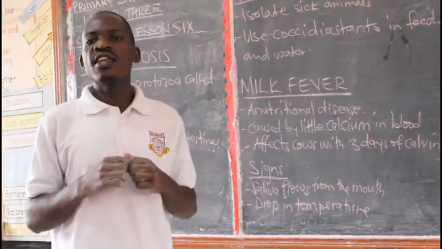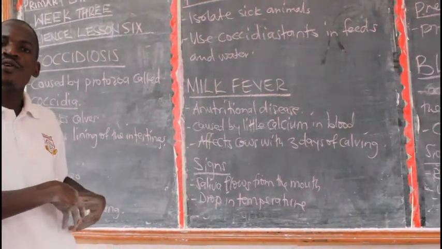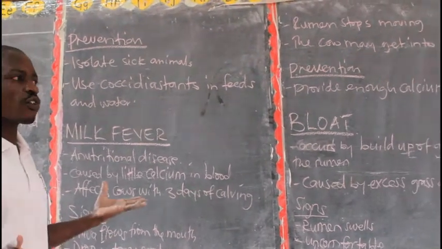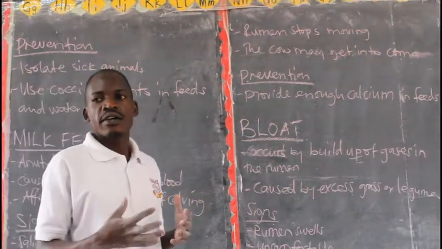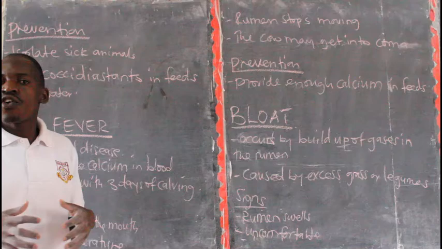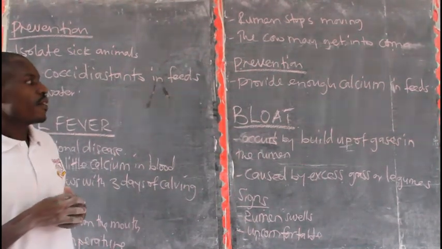Rumen stops turning. If the rumen has been moving, it cannot now move because of that milk fever. Then the cow may get into a coma, become unconscious, and it can even eventually die.